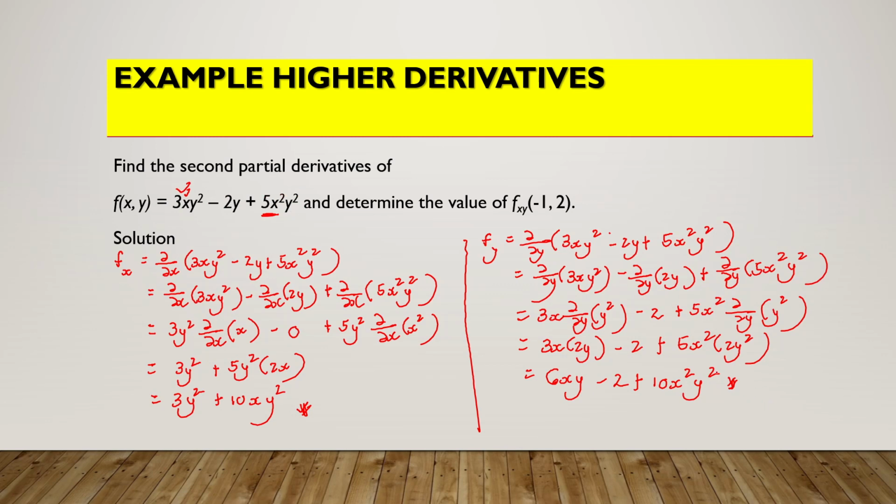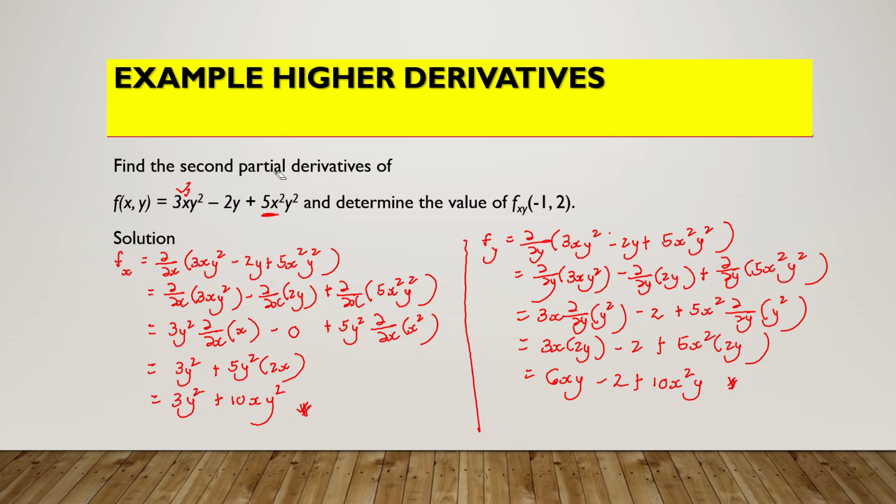Oh, so this was wrong. Differentiating y squared gives 2y. So the answer is 6xy minus 2 plus 10x squared y.